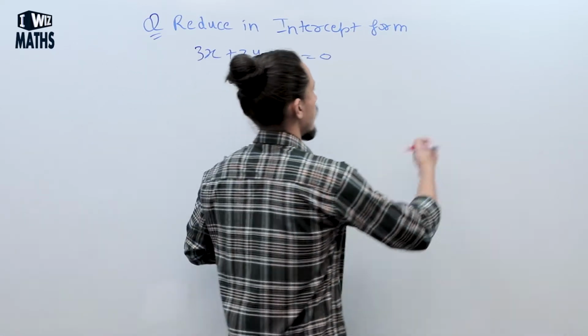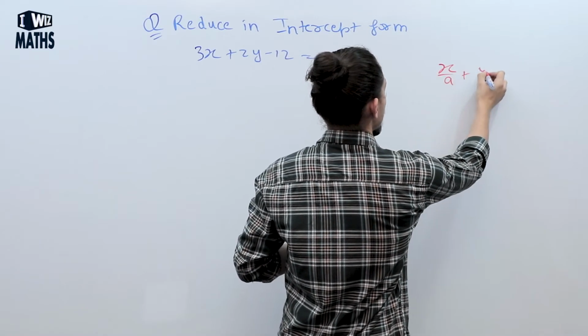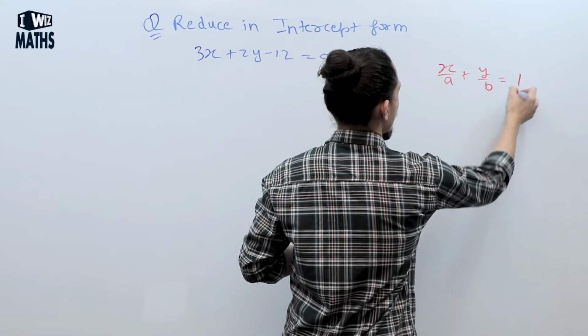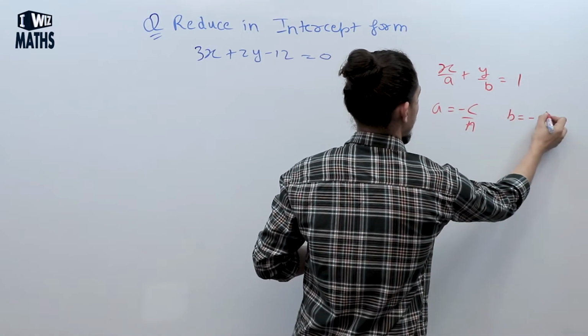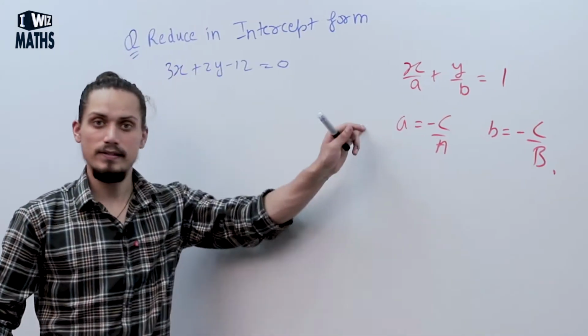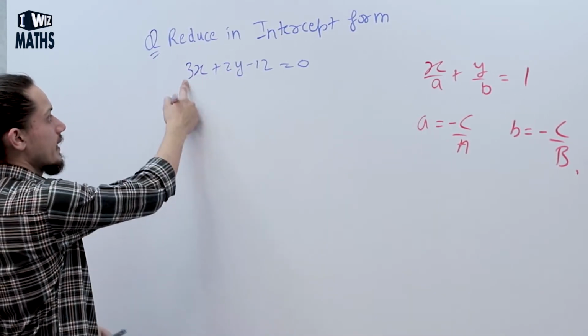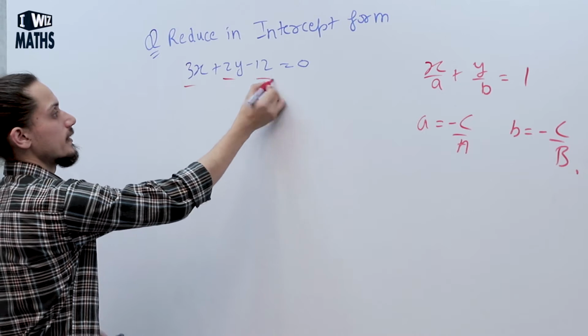Now in this example, we have to reduce this equation to intercept form. Intercept form क्या होती है? x upon a plus y upon b is equal to 1, where a is equal to minus c upon a and b is equal to minus c upon b. ओके हमें इस फॉर्म में इसको रिड्यूस करना है. हमारे पास a क्या है यहाँ पे 3, b है हमारे पास 2 और c है -12.